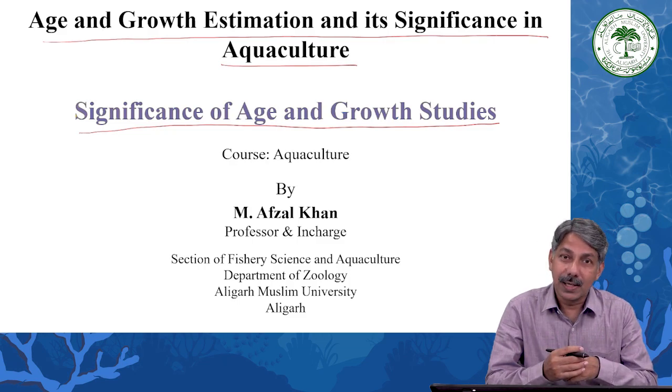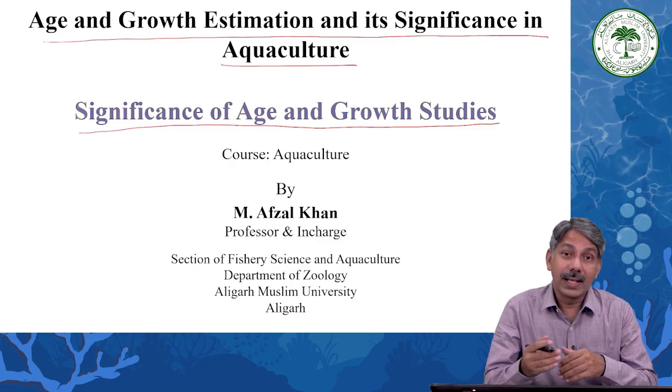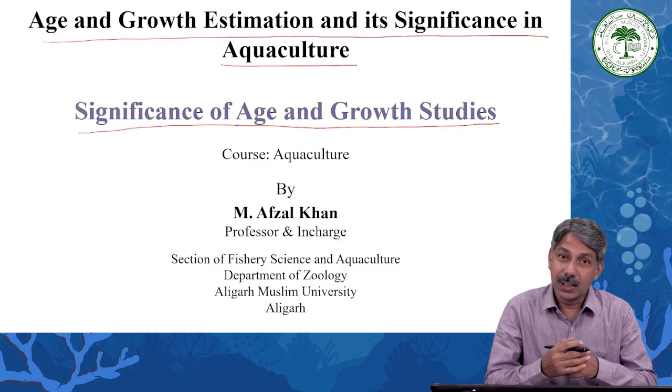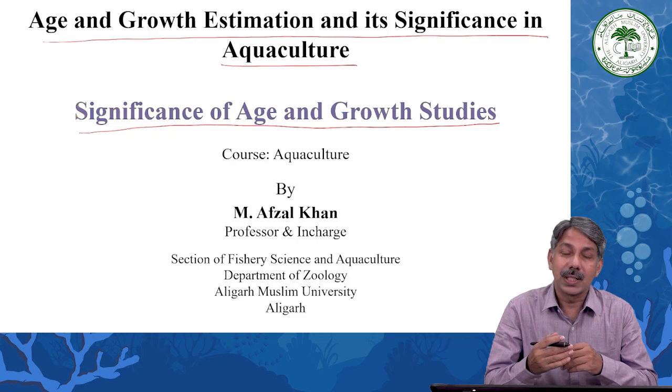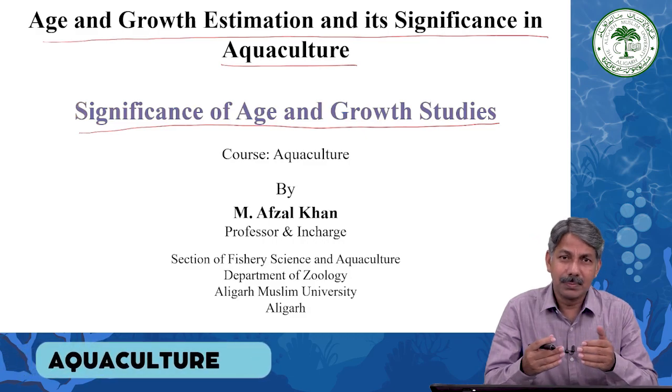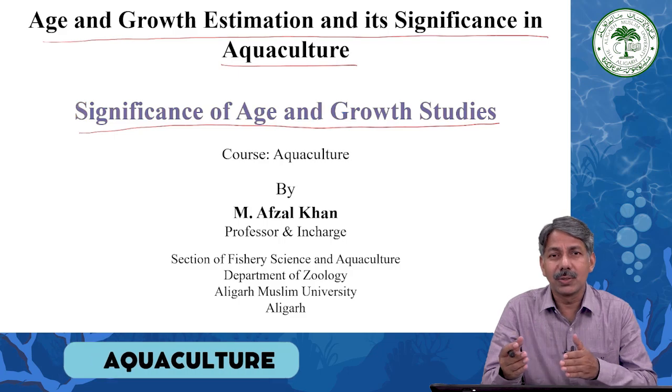We can identify in which group, in which region, what kind of problem occurs. And based on that, you must have heard that there are many schemes dedicated to welfare of children, dedicated to welfare of older people, or based on economic classification or social classification.